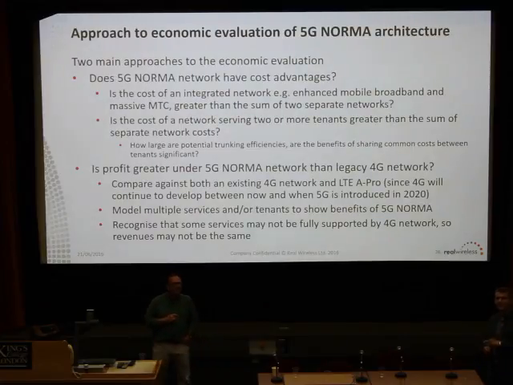Thanks for the talk. I was interested in this range, because it says the 5G NORMA network, and I'm assuming that's the 5G NORMA architecture. But there's the 5G PPP white paper on 5G architectures, and there are some different approaches as to how different people see the 5G architecture.